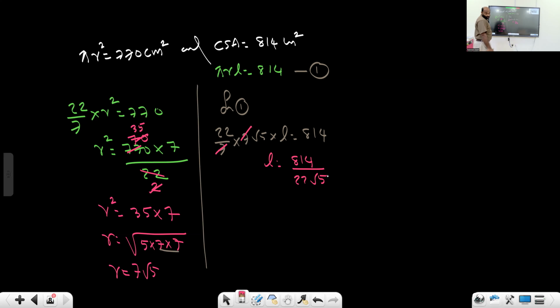Any number mistake or not, we have to check it. Otherwise, we have to proceed with this. 814 and 22 cancel. Typing mistake chances there. Proofreading didn't take.